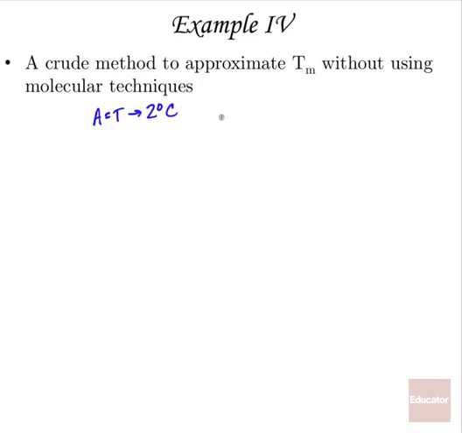And for every GC base pair, that is 4 degrees Celsius. We usually calculate this when we are making primers for polymerase chain reaction, PCR, which is another thing we'll learn in this class. But I wanted to give you a sample problem.